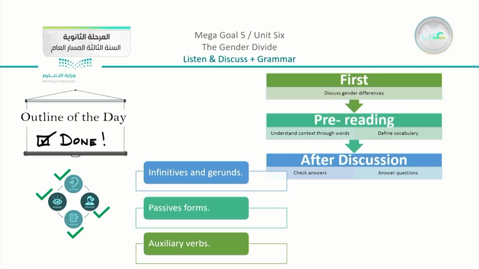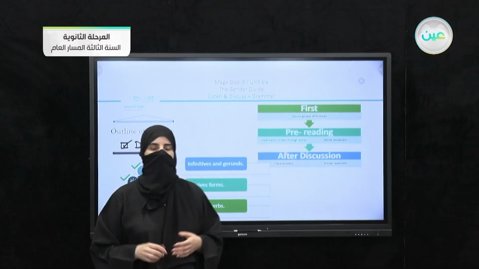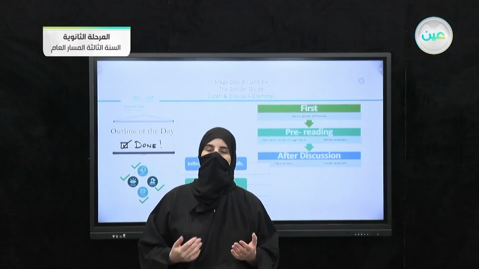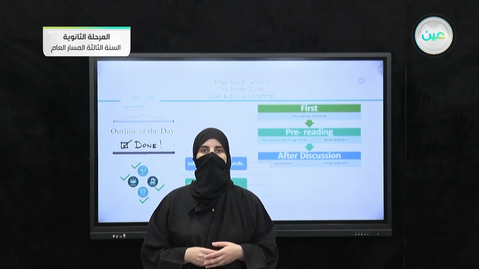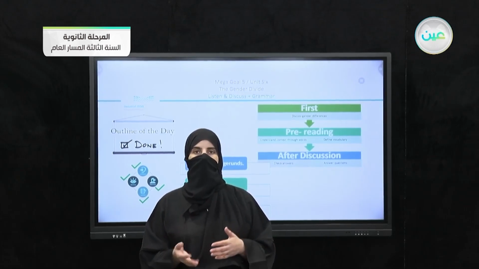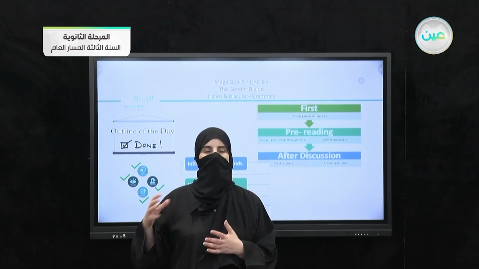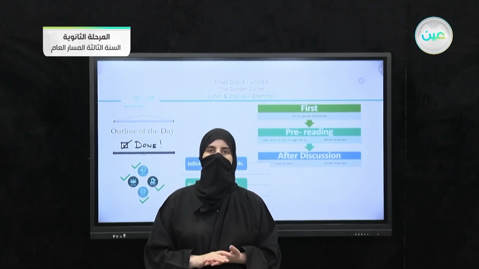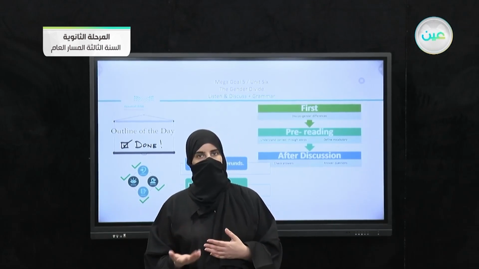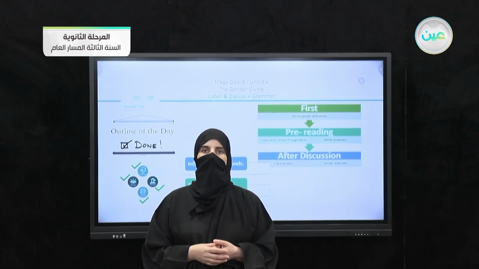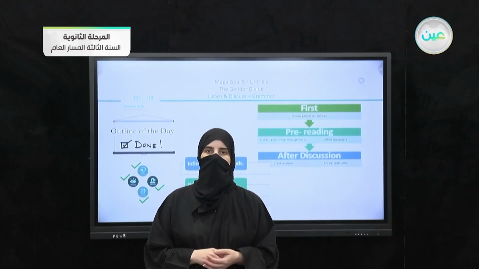We turned these infinitives and gerunds into passive forms, and we also used auxiliary verbs in the sentence. So these are the two lessons that we have here today. We have discussed the listen and discuss part, and also we have studied the grammar structures in the second part. So just look at the exercises that we have in the book. We will complete them, inshallah, in our next lesson, so be ready.